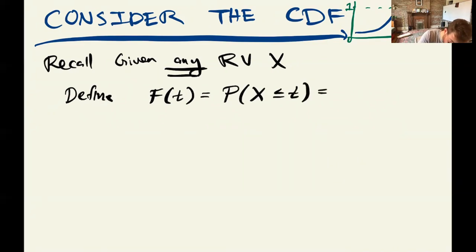In the continuous case, this is the same thing as the integral from minus infinity to t of that PDF, and I'll just use s as a dummy variable.